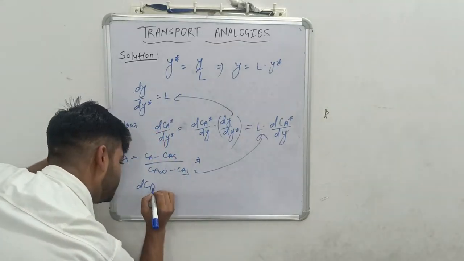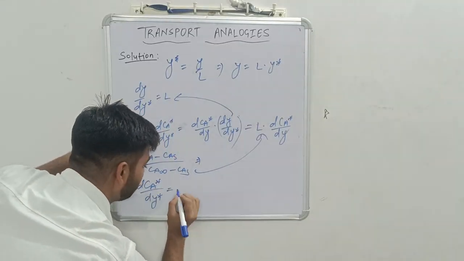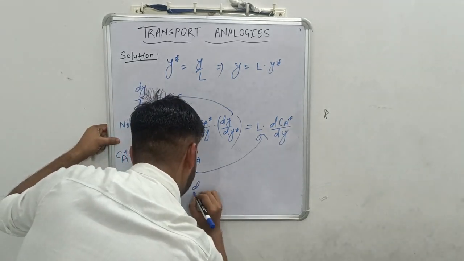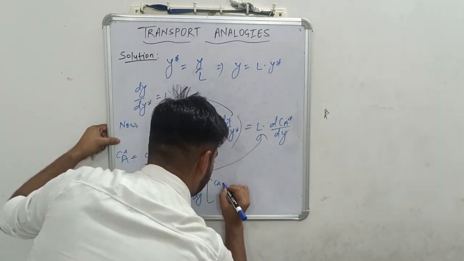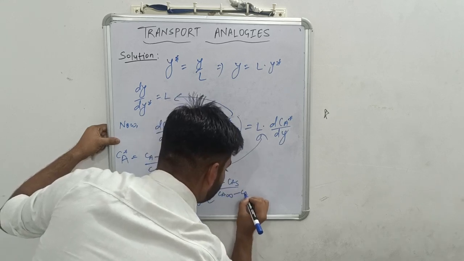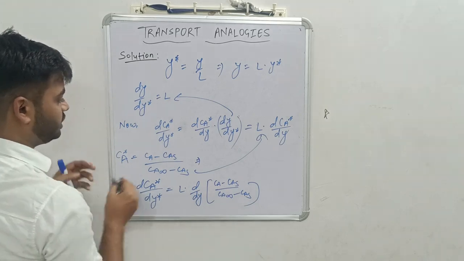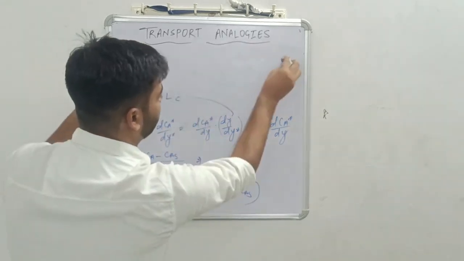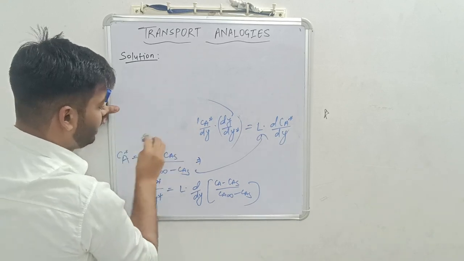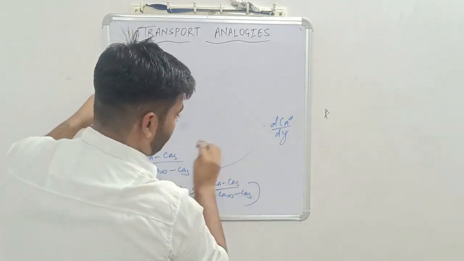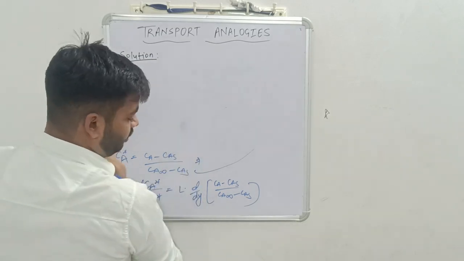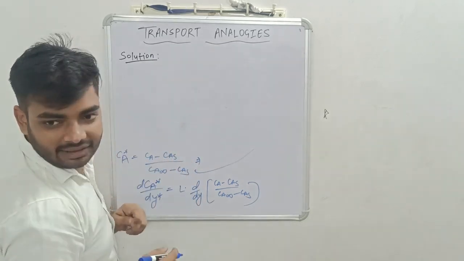Differentiating C star, putting C star into this equation will give dC star upon dy star equal to L into d by dy of CA minus CAS upon C infinity minus CAS. Since the numerator part of this equation is constant, we will take that out, and CA is varying with distance.